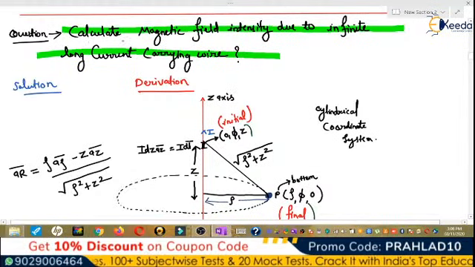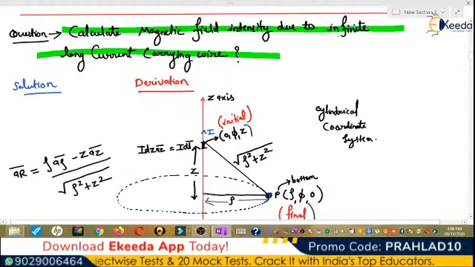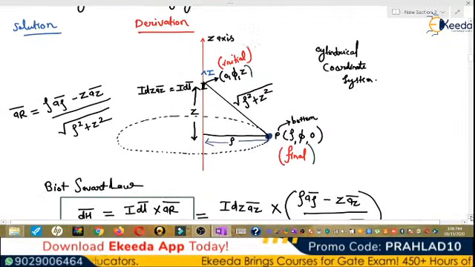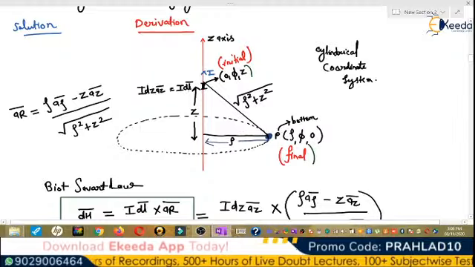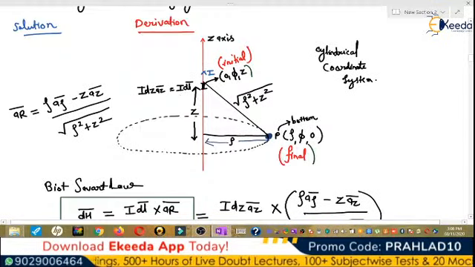Now there is one question: calculate the magnetic field intensity due to an infinitely long current carrying wire. Let me derive this expression. There is an infinite length current carrying wire in which DC current I is flowing, and we are taking a small current carrying element here, which is IDL vector, and IDL vector is I dz az vector.